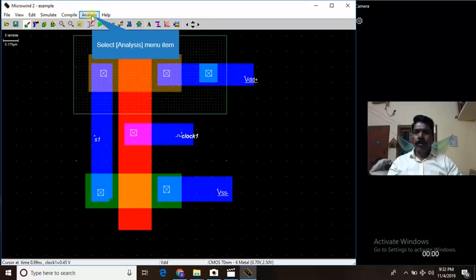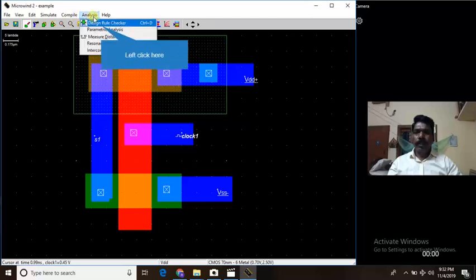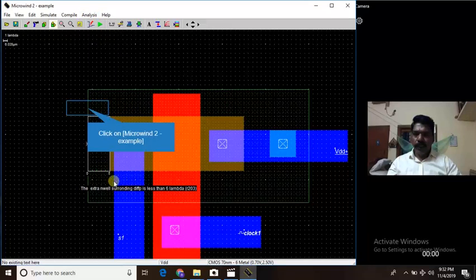You can also do the design rule check. Here it says the extra annular surrounding diffusion is less than 6 lambda, so there is a violation here. What it means is the annular over this diffusion is slightly lesser. It has to be 6 lambda.